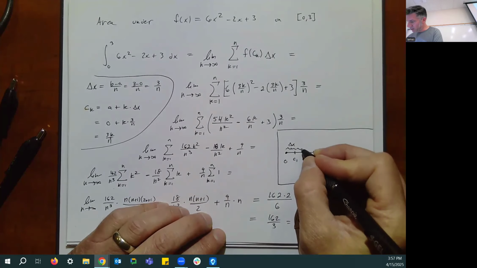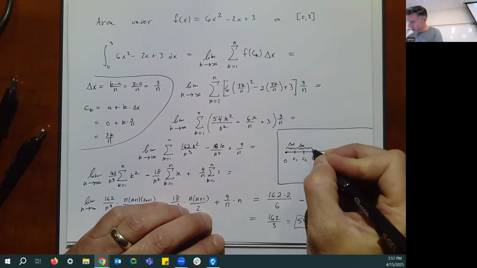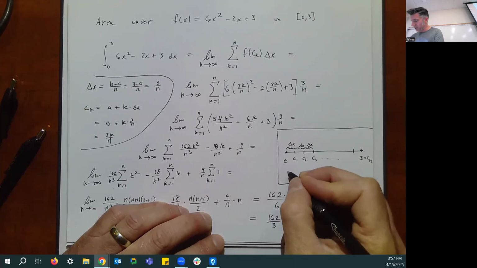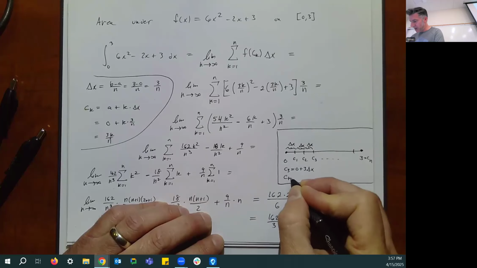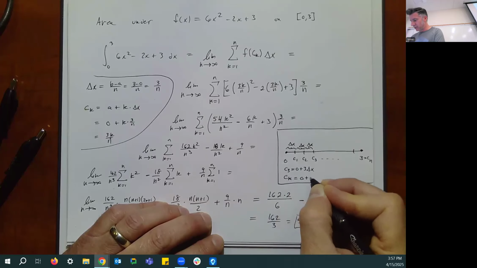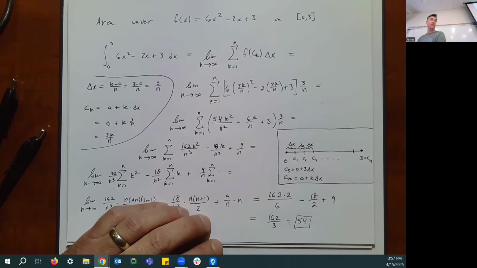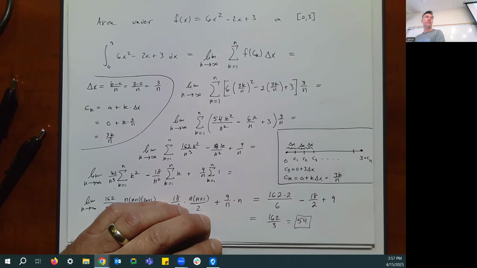My c sub 2 is 0 plus 2 delta x's. My c sub 3 is 0 plus 3 delta x's. So it's not a far reach to say that if c sub 3 is 0 plus 3 times delta x, then c sub k is 0 plus k times delta x. We're just adding delta x k times. Our delta x was 3 over n, so we end up getting 3k over n.